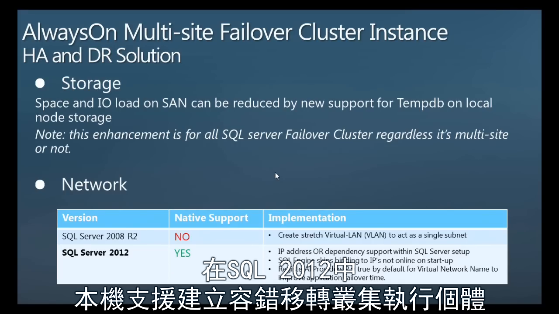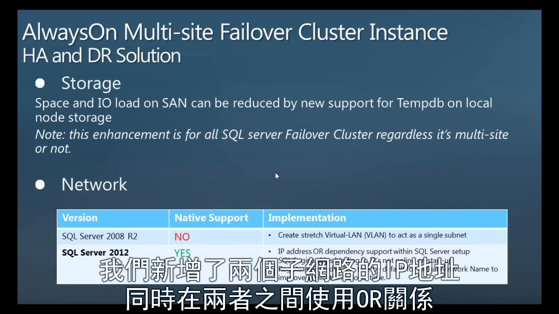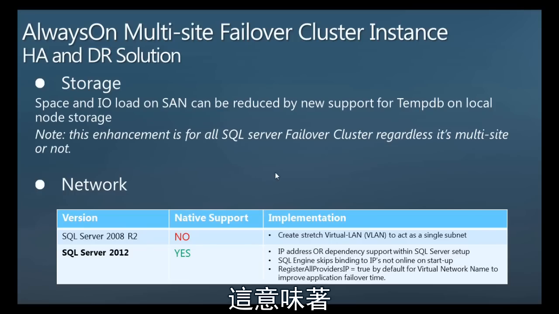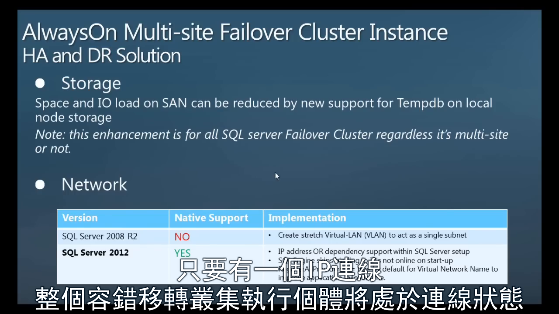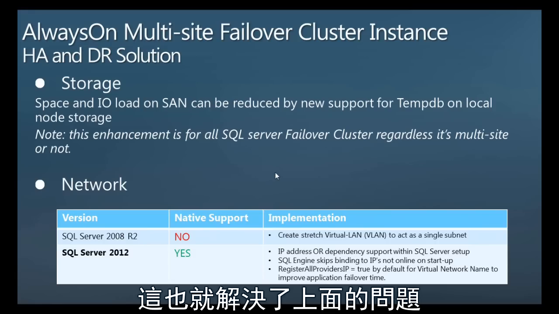Now in SQL Server 2012, creating a multi-site failover cluster instance is natively supported. We add IP addresses from both subnets and use an OR relationship between them, which means as long as there's one IP online, the whole failover cluster instance is online and it can serve the requests.